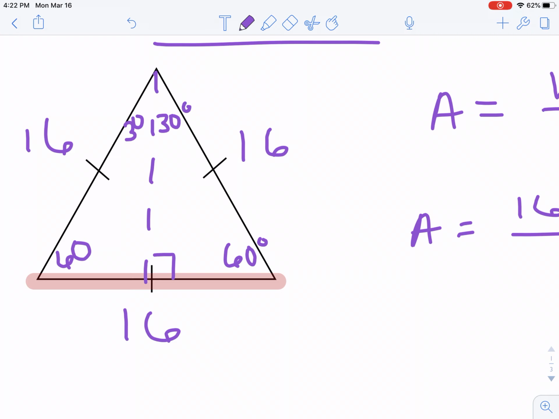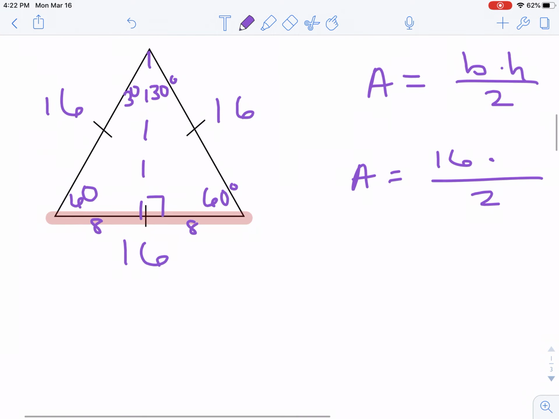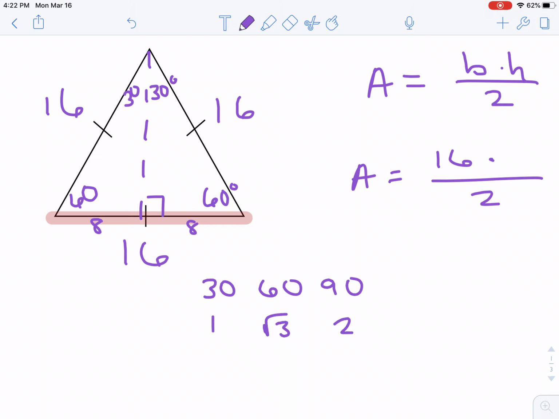Another method is you might split this into half, 8 and 8, and do Pythagorean Theorem. It's really up to you which way you prefer to do it. Let's say I do 30, 60, 90, 1, root 3, 2. My hypotenuse, which is across from 90, is 16. And what I really want to know is this height, which is across from 60.